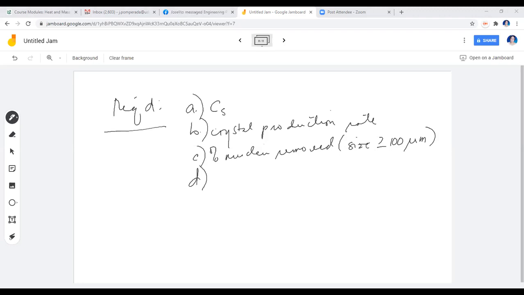So this I'd like to write as liquor flow rate. So the liquor flow rate, we represent our liquor as L.